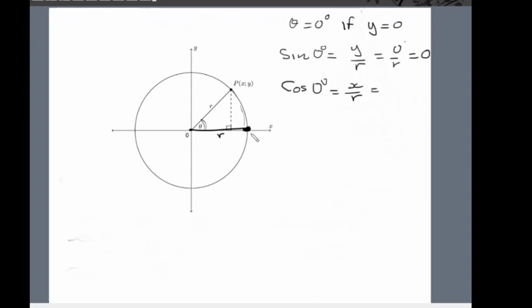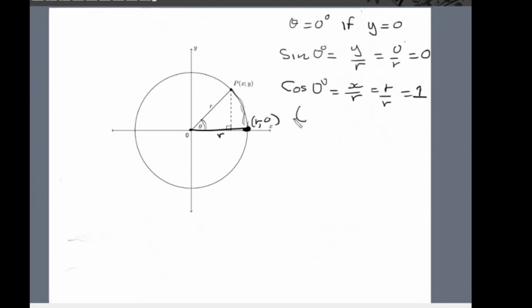Will be r also. If I take this point to here, x will be r. So our coordinates will be like that, right? So this will be r over r, and then we'll have this as 1, right?